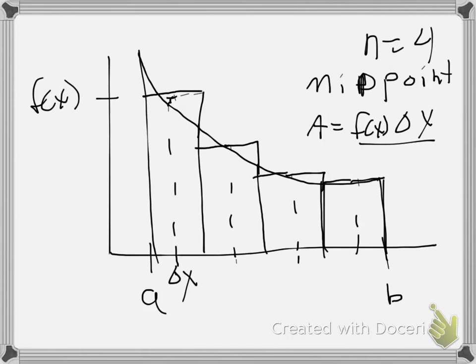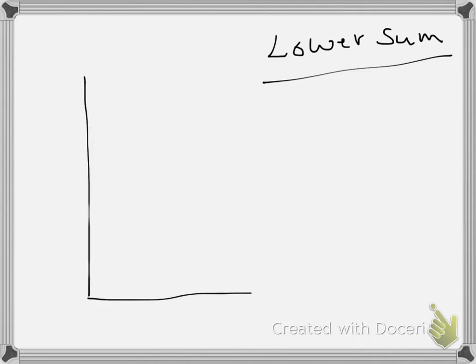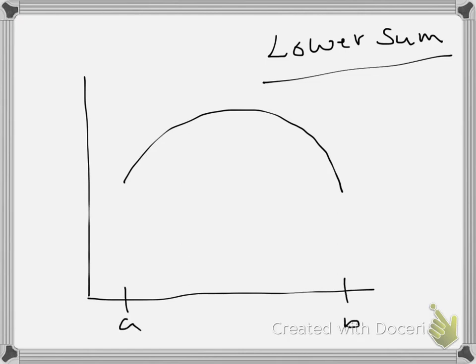A lower sum. Let's look at a lower sum. Let's have a graph that looks like that. Here's A. Here's B. And we want the lower sum. Again, we're going to let n equal 4.